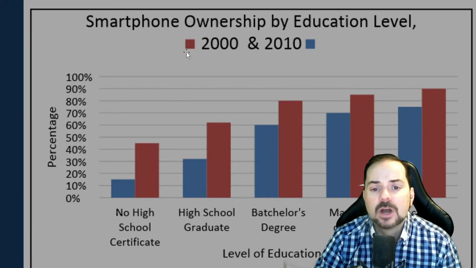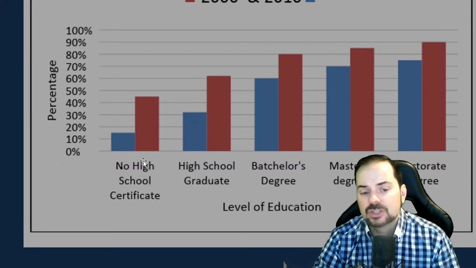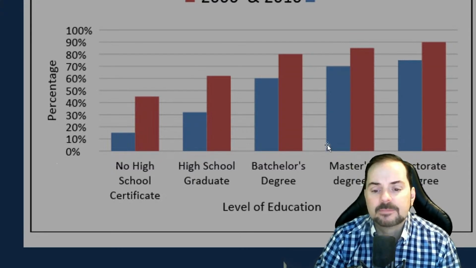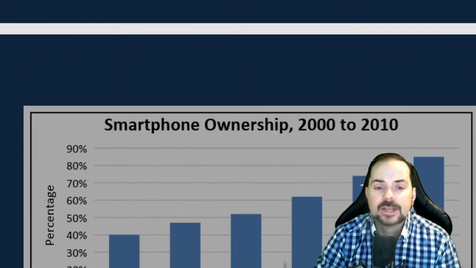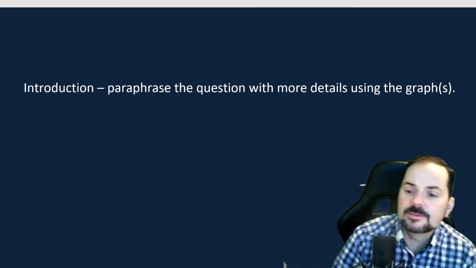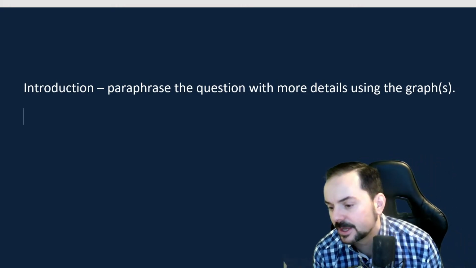And then here we've got smartphone ownership by education level. We've got 5 levels of education: no high school certificate, high school graduate, bachelor's degree, master's degree, doctorate degree. And we don't just have 2 graphs, we have 2 bar graphs. So work with me here, students. Let's do this together.